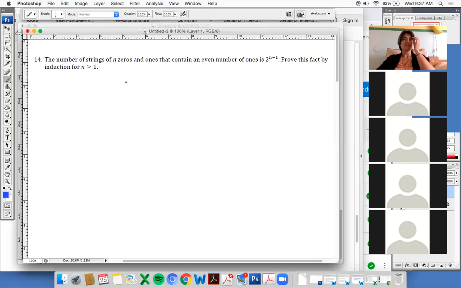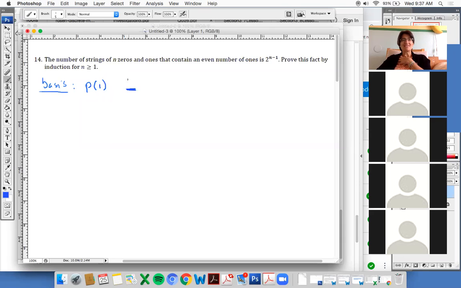So our basis case would be that proposition when n is 1. The n represents how many bits are in my string. So for n is 1, I'm going to have a string with just 1 bit, 1 character. All right. So what are my options here?